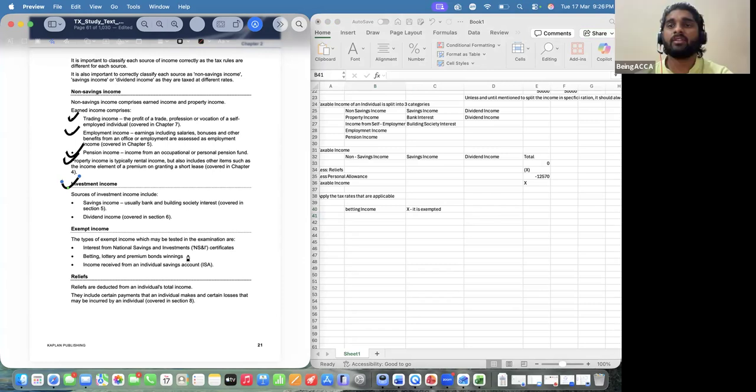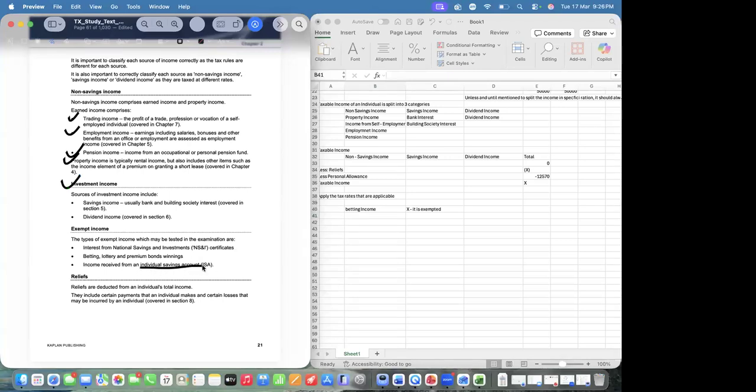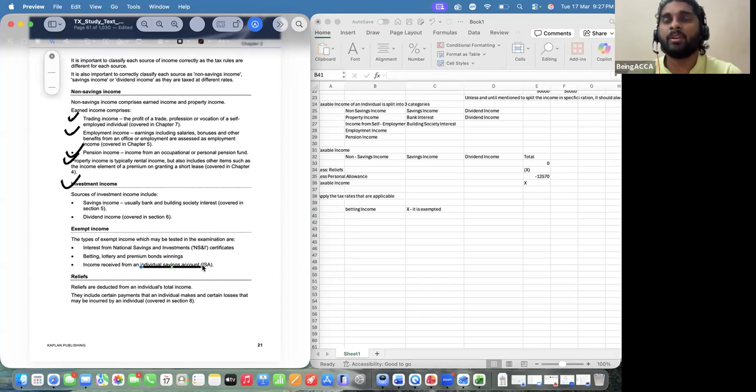And same thing, if you remember in yesterday's class, we were talking about individual savings account, where we say that taxation is beneficial to promote savings. So what happens if any person invests some money into an ISA account?